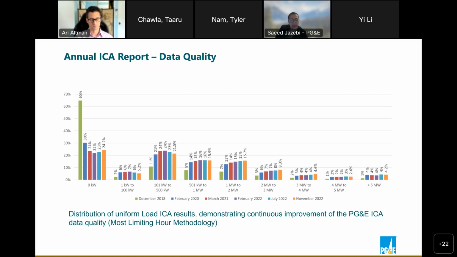So as I mentioned, we are focusing our resources on data quality efforts. After the first rollout of our ICA results in 2018, we started refining our processes to better detect data quality problems at the beginning of the ICA calculation.